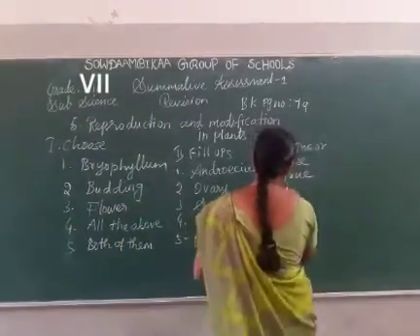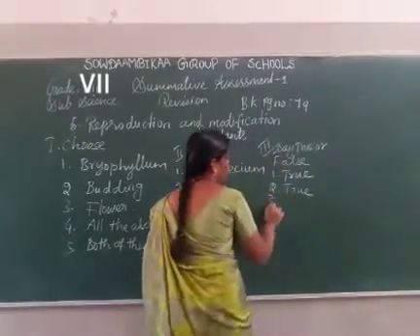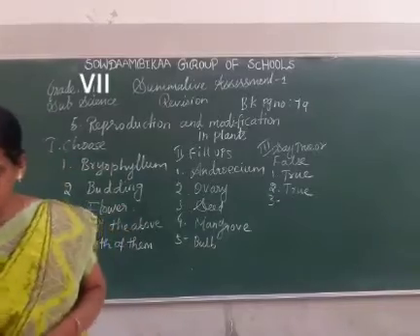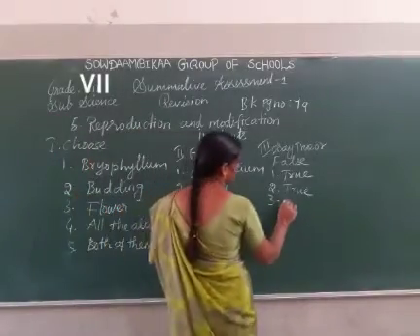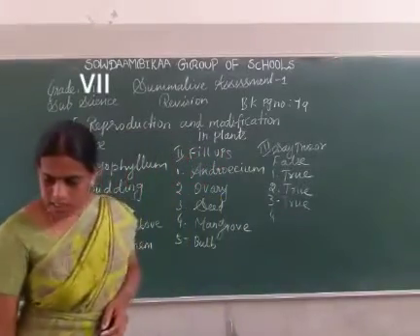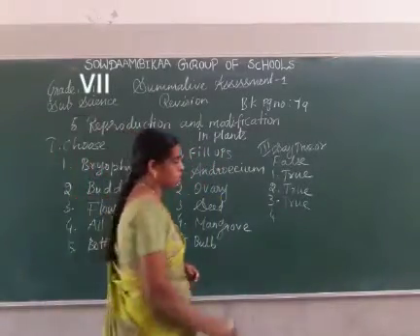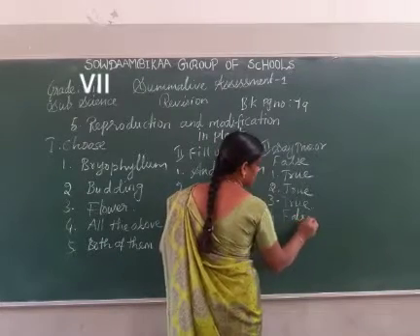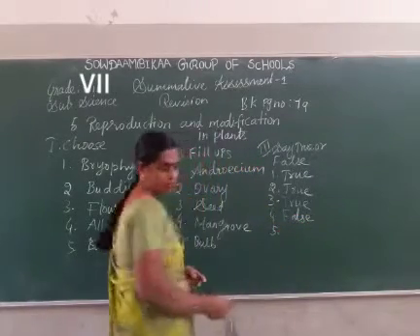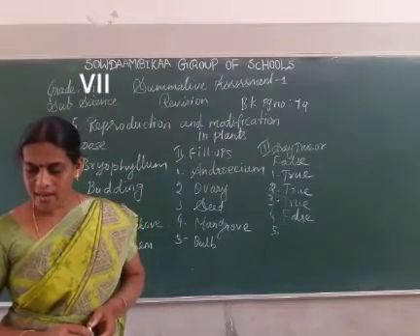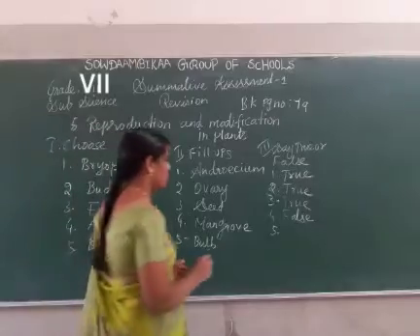Yes, correct, true. The third one: conical shaped root is called carrot. Correct. Fourth: ginger is an underground root, not a stem. So that is false. Fifth: the leaves of aloe vera are fleshy and store water. Yes, true.